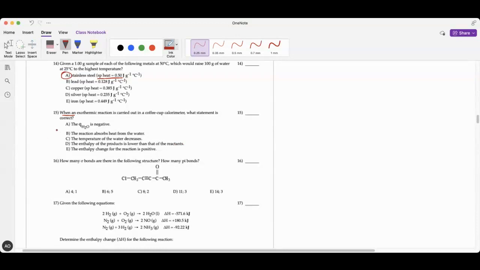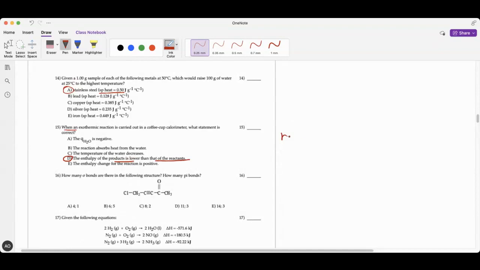The enthalpy of the products is going to be lower than the enthalpy of the reactants. Okay, because the reaction is our system, and the water and everything else would be the surroundings.